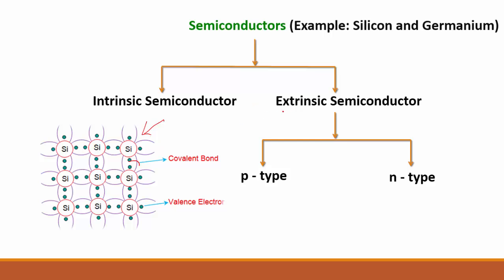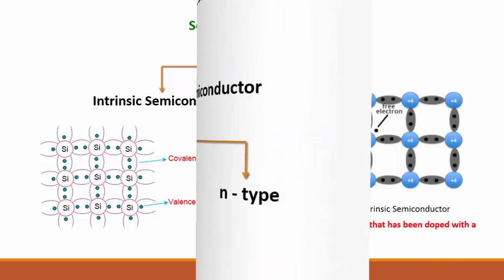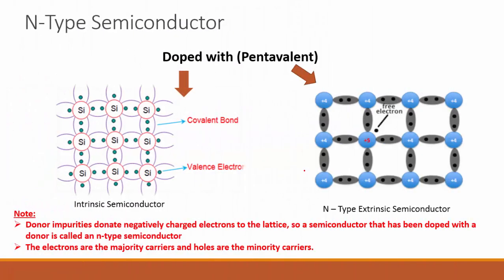An extrinsic semiconductor is a material made up of semiconductor, but with extra impurities doped into it. If the impurity provides free electrons, then it is called an n-type material. For example, take an n-type semiconductor.